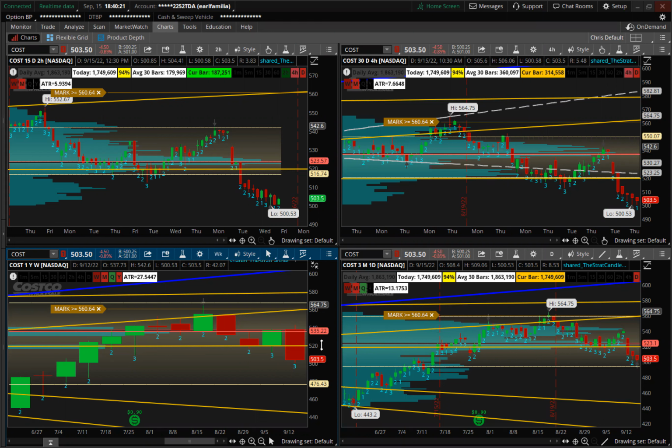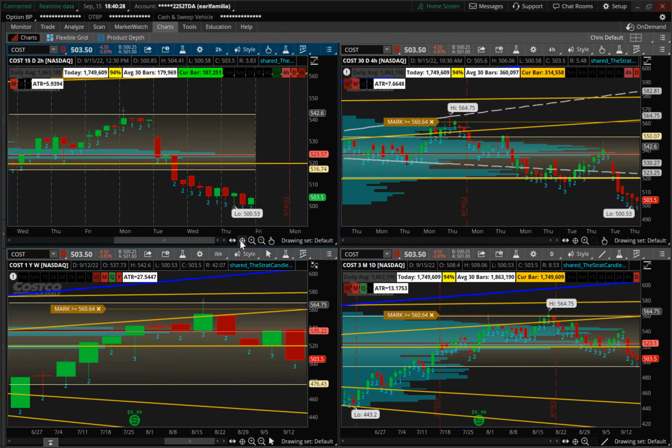If that's the case, then even though it looks very bloody right now, we could look for an upside move, maybe up into this broad formation, and then get rejected back down.